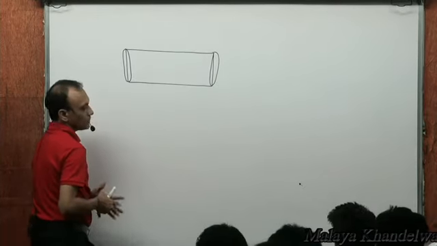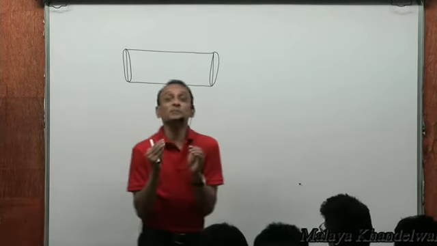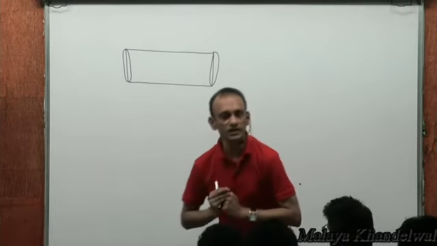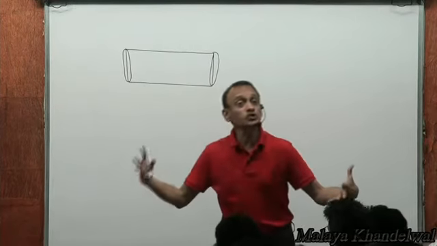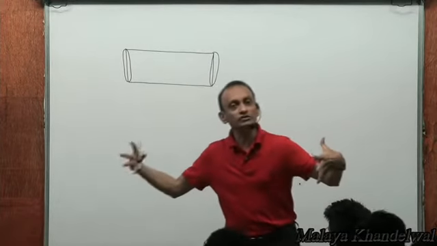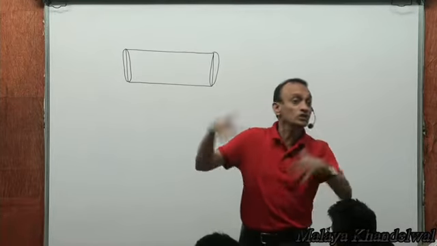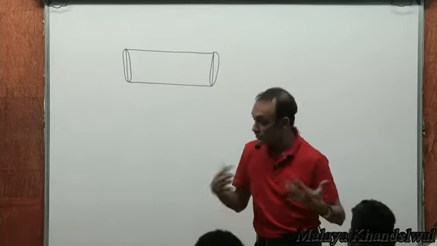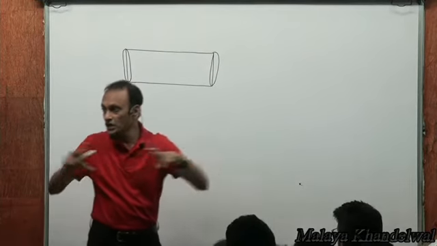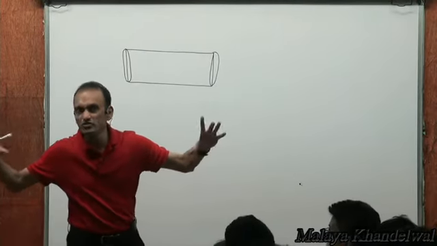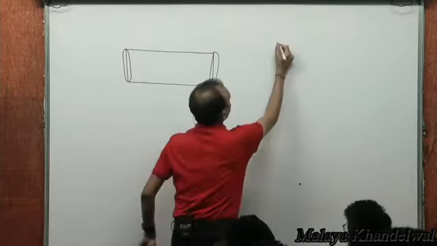And a conductor is characterized by what? Free electrons, right? They are essentially valence electrons that render themselves free. So in a conducting piece of material, there would be a large number of free electrons.